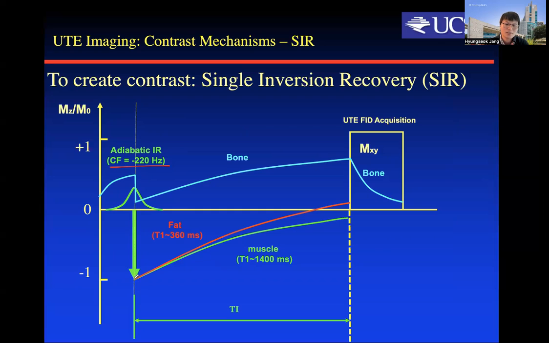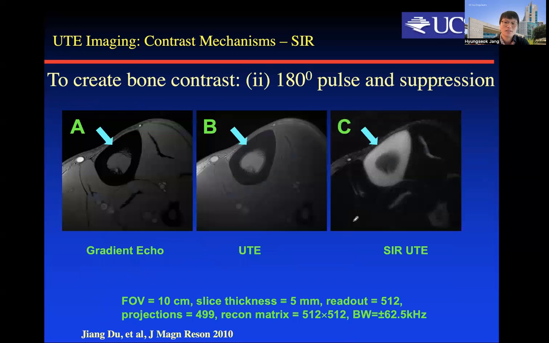And then here you get the inversion recovery, and the longitudinal magnetization recovers. Near the nulling point of the tissues that we want to suppress, we can do UTE imaging. Then we can get the image with these tissues suppressed.